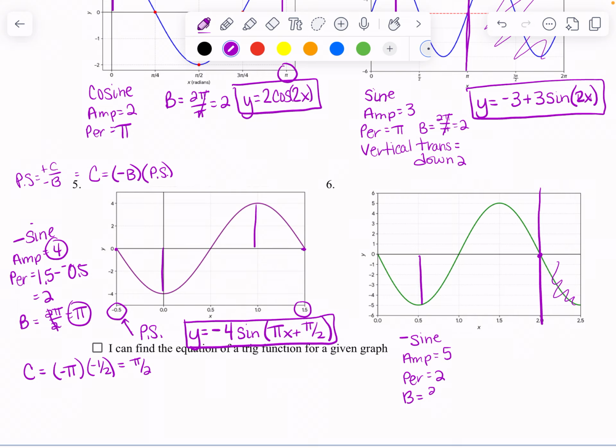So B is 2 pi divided by 2, so it's pi. No phase shift. So y equals negative 5 sine of pi x. So I can find the equation of a trig function given my graph.